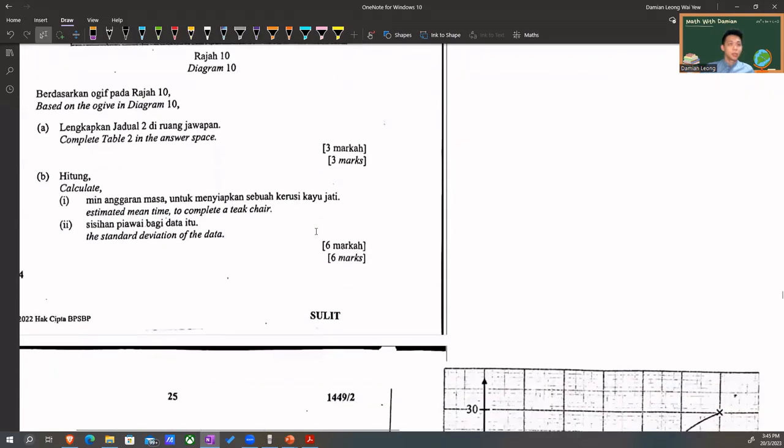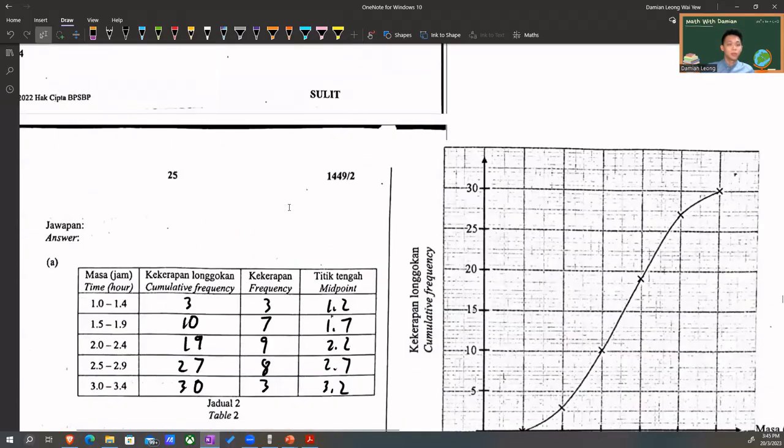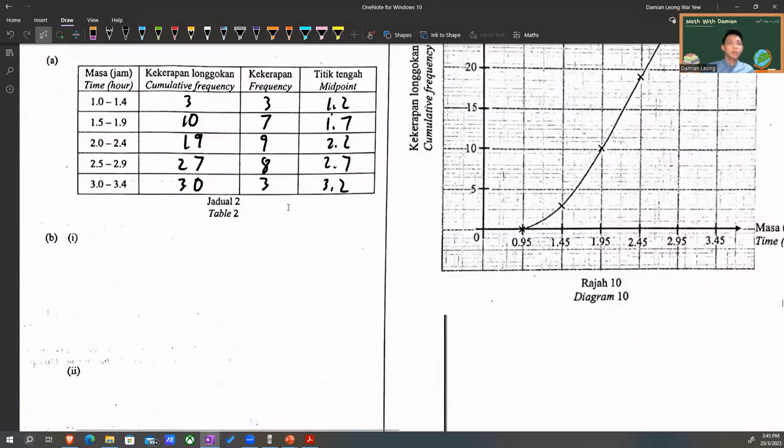Part B. Calculate the estimated mean for B1. Estimated mean, basically I use frequency and midpoint.